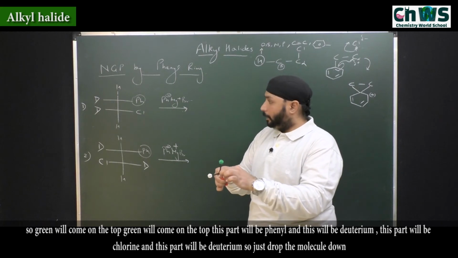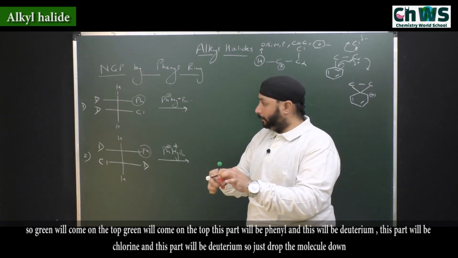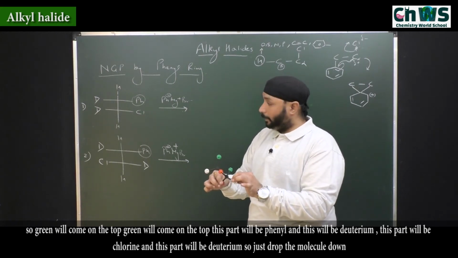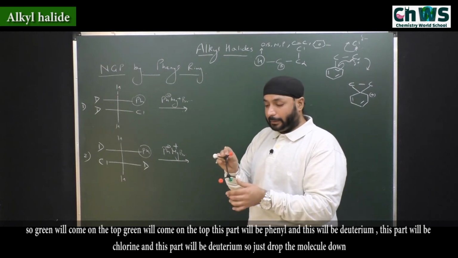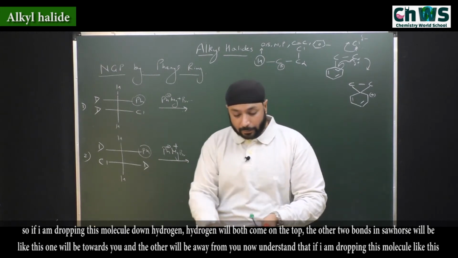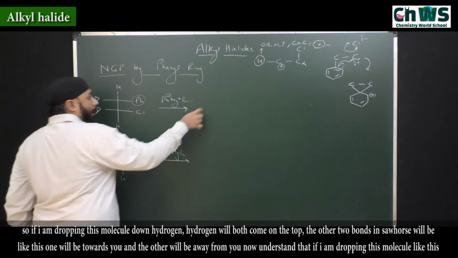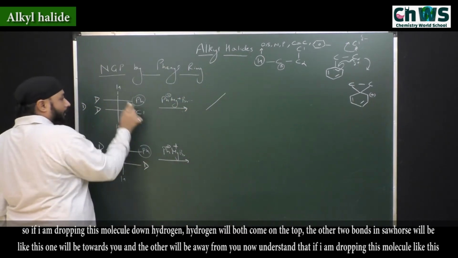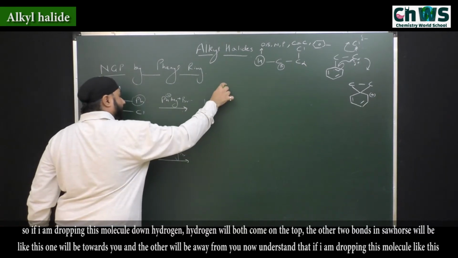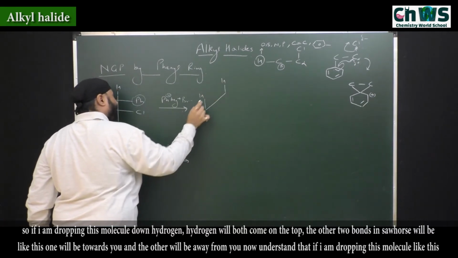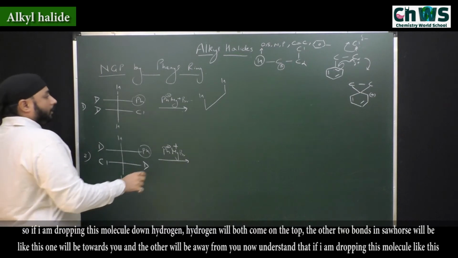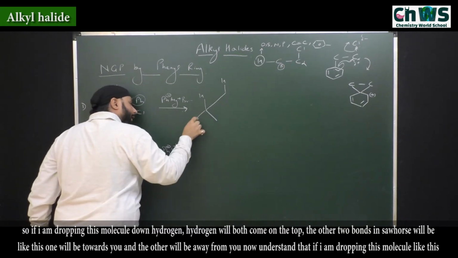This part will be phenyl, this will be deuterium, this part will be chlorine, this part will be your deuterium. Getting it? So just drop this molecule down. If I'm dropping this molecule down, hydrogen will both come on the top. The other two bonds in sawhorse will be like this.